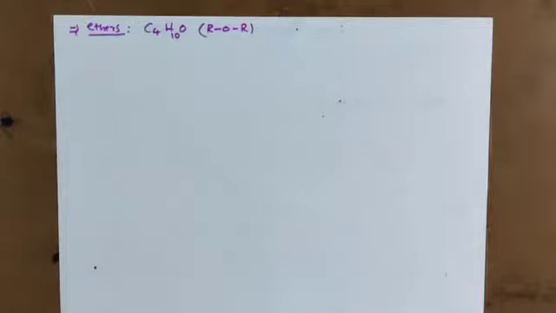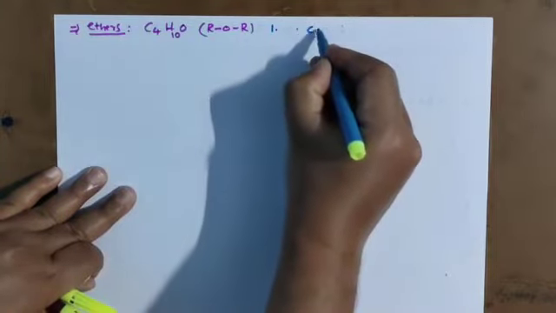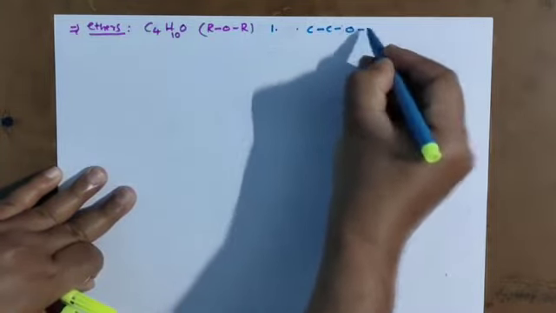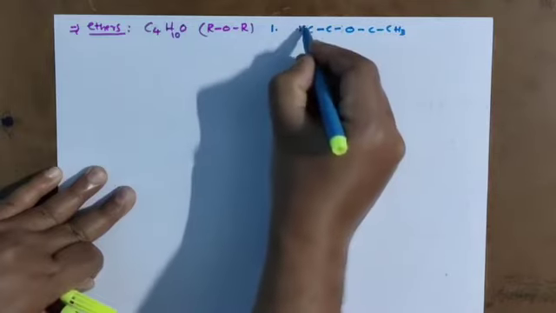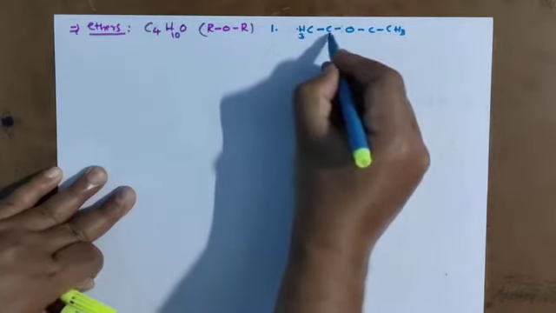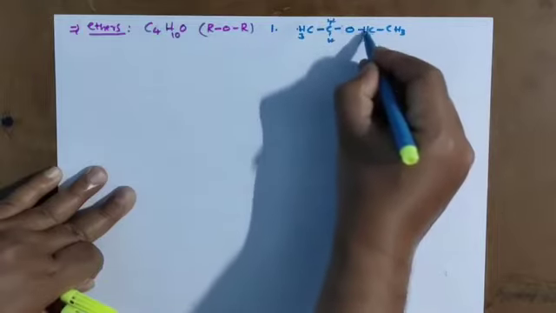With 4 carbons, we have the chance C bond C, O, C bond C. Am I right? Diethyl ether.